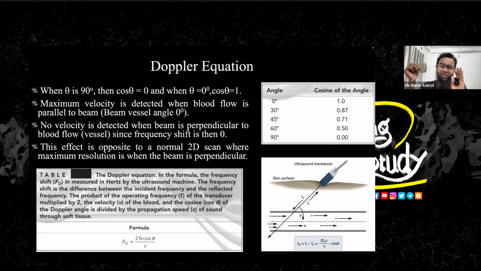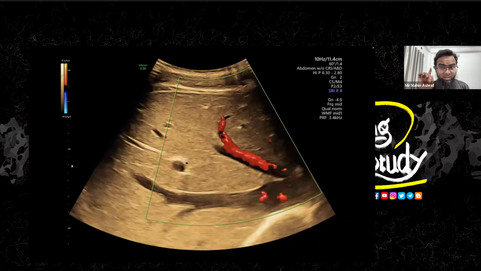And if you are putting sound at a 90-degree angle to the blood vessel, there will be cos 90 degrees, that means 0. So the Doppler shift will be 0, and there will be no flow showing on Doppler. Whenever you are using Doppler, you should be very careful about this equation and this cos theta.